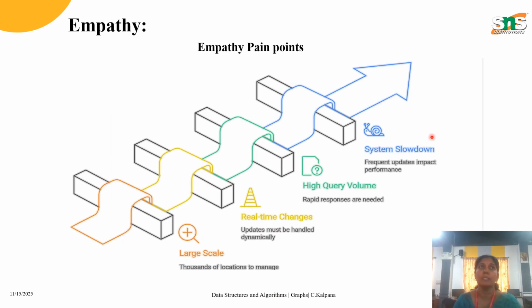And next, based on the given scenario we have seen before, we have to identify the pain points. So these are all the pain points of the given scenario. One thing is that maintaining a large number of locations, delivery points, is a tedious one, and getting the real-time traffic updates is a challenging one, and then the querying response time, a high query volume, which means rapid response time is required.